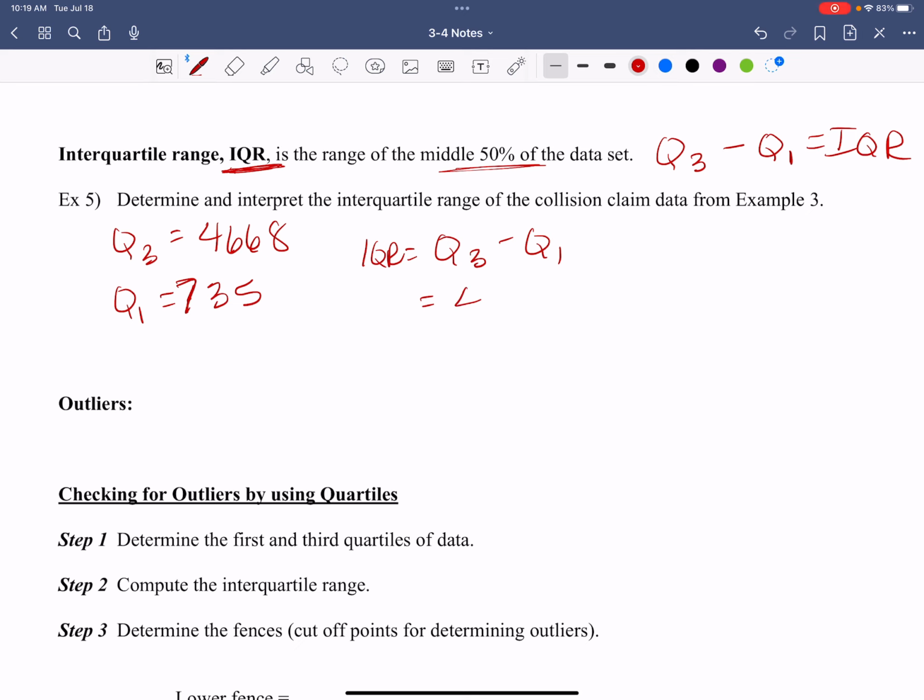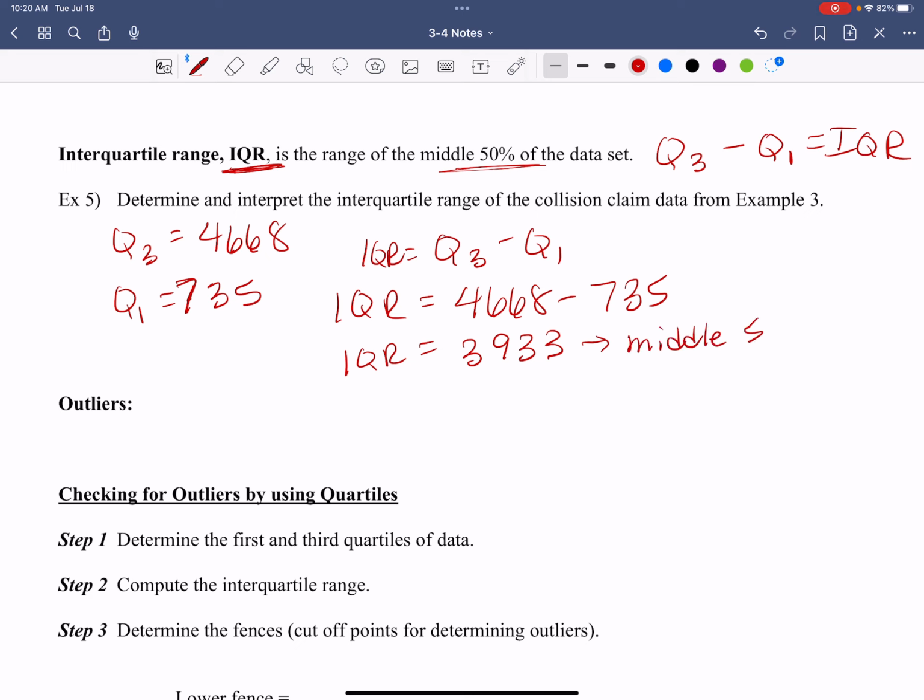I get 4,668 minus 735. So my interquartile range is 3,933. This is the middle 50% of your data. That's an interquartile range.